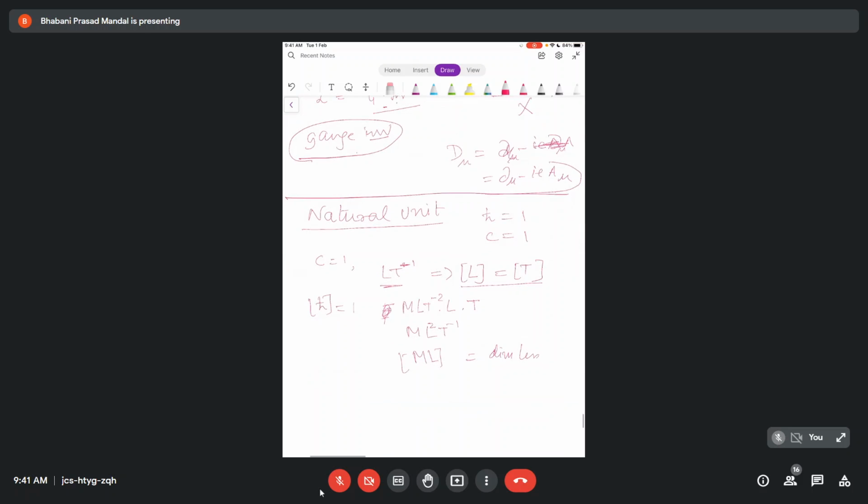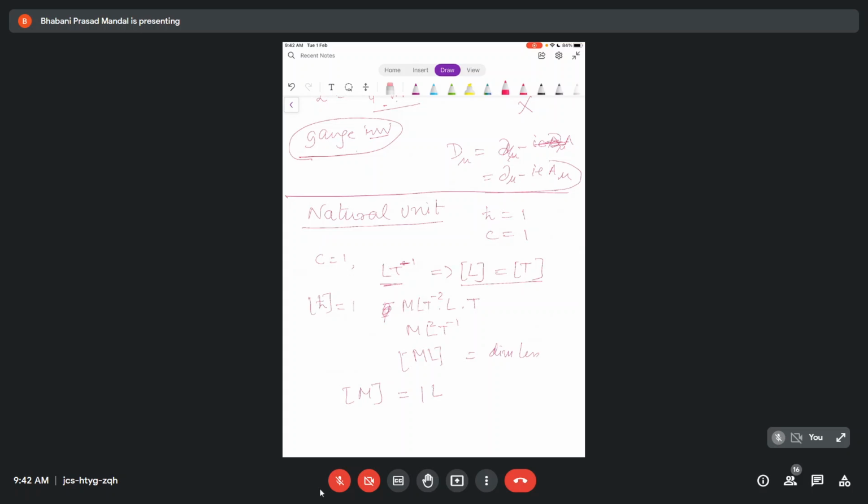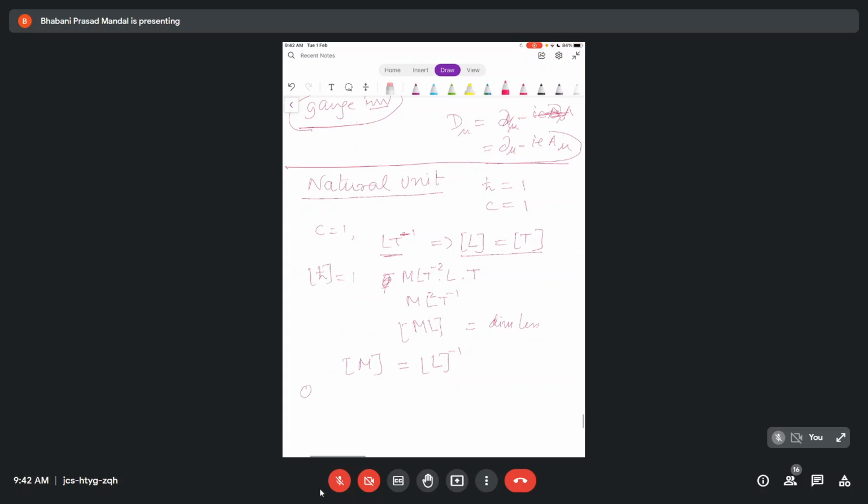That means mass dimension is equal to length dimension inverse, 1 over length. So in quantum field theory, or in most of particle physics, only one dimension will be used: mostly we use mass dimension, or some people use length dimension.